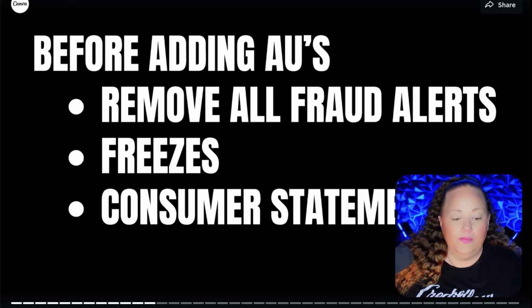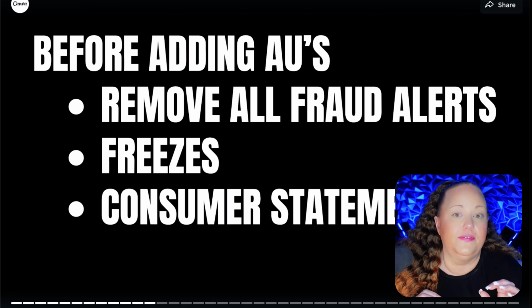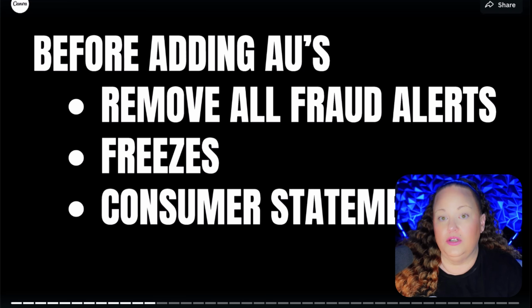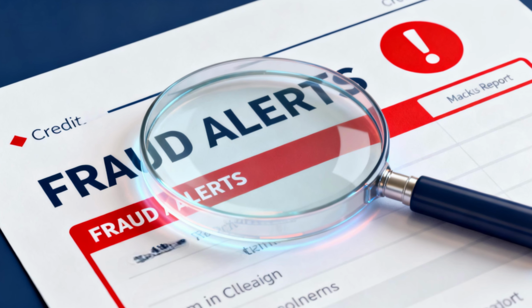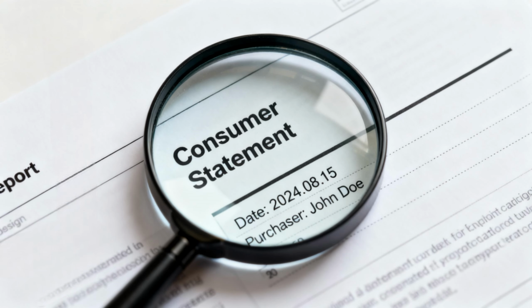So before you add authorized user trade lines, there's a few housekeeping things that you want to make sure that you have gone through. All right. You want to remove all fraud alerts from your credit profile. If you look at your credit report with Experian or MyFICO, you want to go down right below the personal information, I believe it is, and you want to look at the consumer statement.